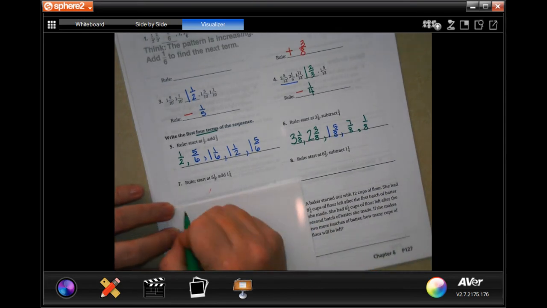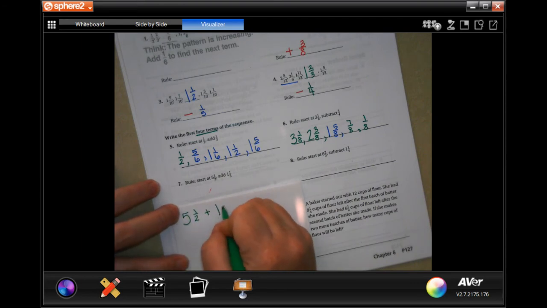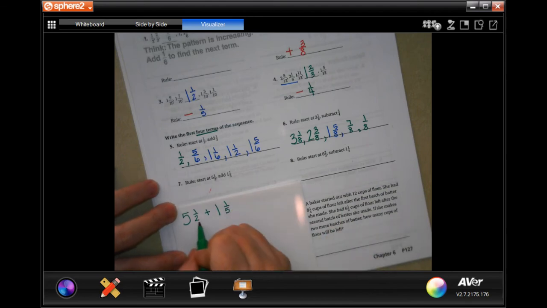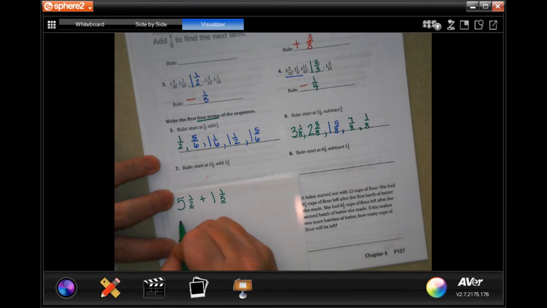Next, we are going to start at 5 1/2. Add 1 1/5. Common denominator is going to be 10. Okay, so my whole numbers don't change.